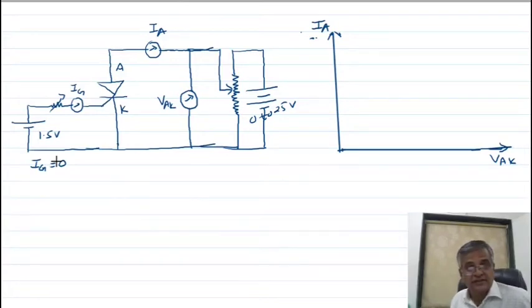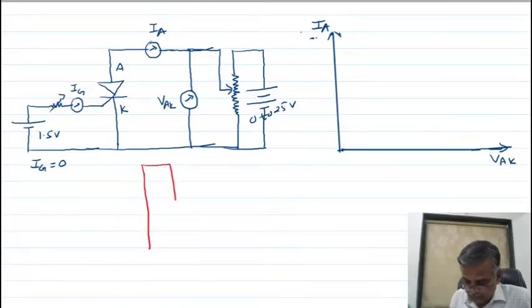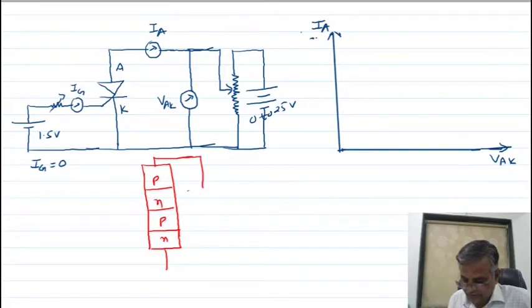Now I am increasing the anode voltage, so you should get a clear understanding. This is P and P, and this voltage you are increasing.